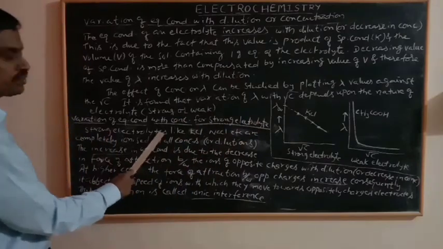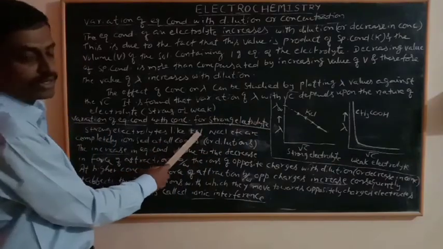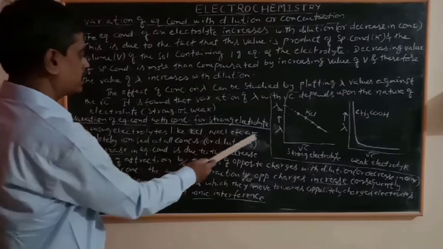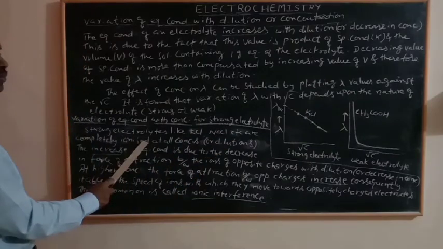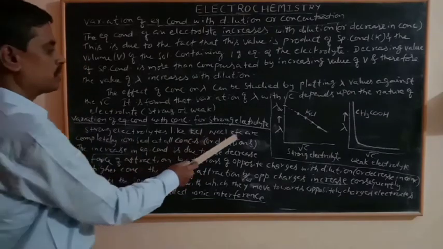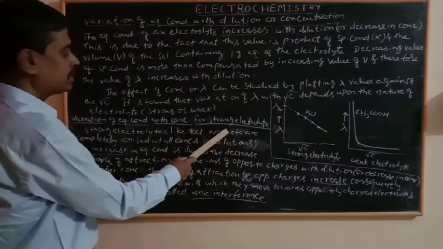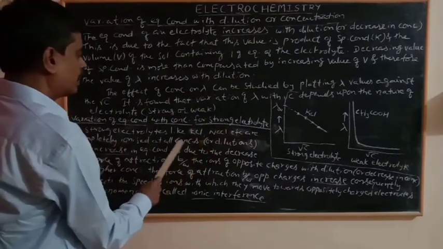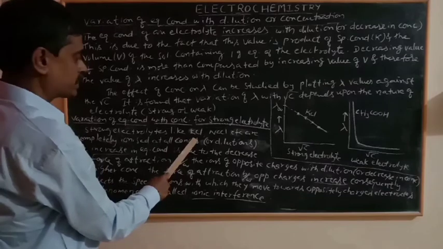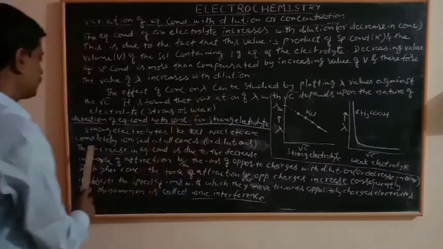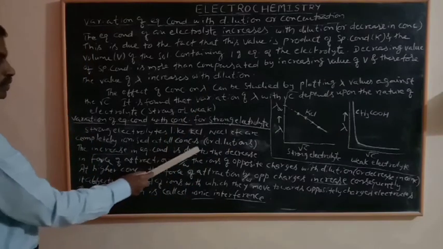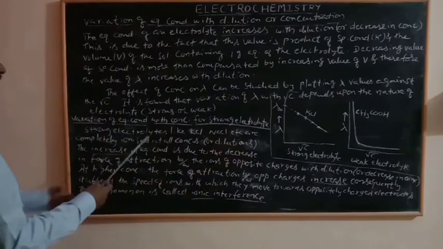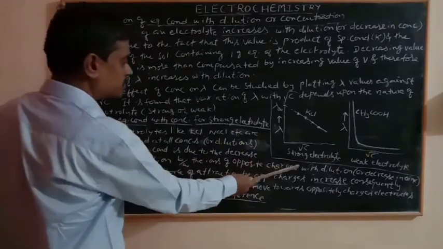Strong electrolytes, for example KCl, potassium chloride or sodium chloride, etc., are completely ionized. You know that the dissociation for a strong electrolyte is high. So at all concentrations or dilutions, the increase in equivalent conductance is due to the decreasing force of attraction between the ions of opposite charges with dilution.